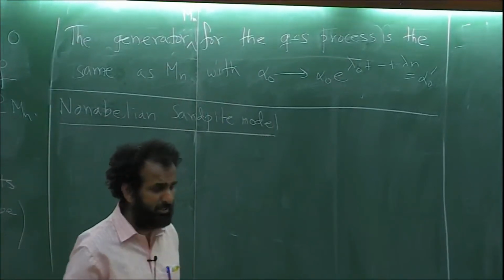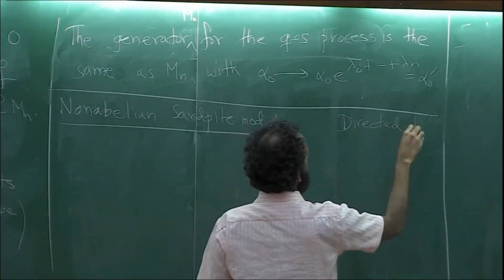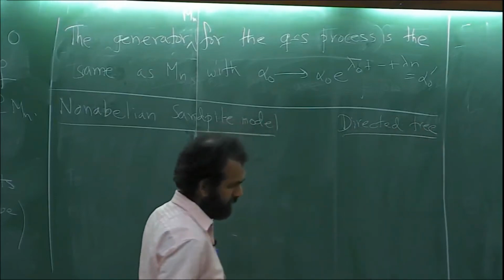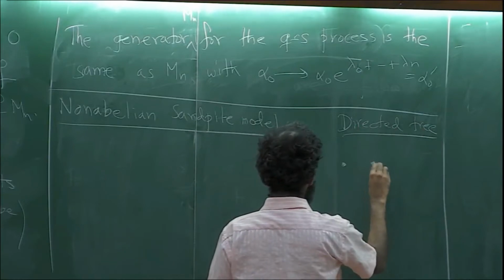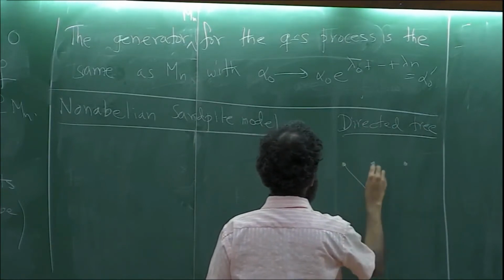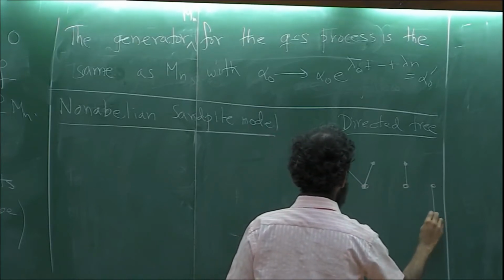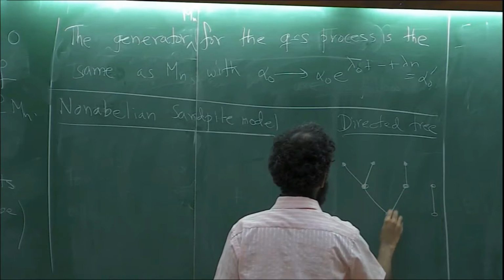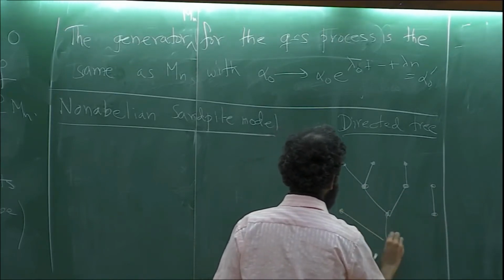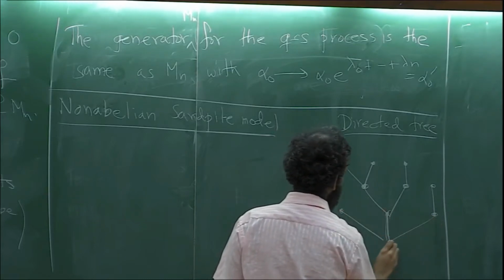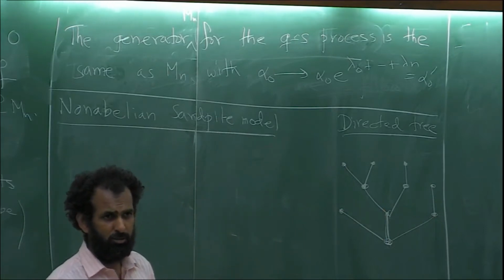So now you consider a tree. You take a directed tree. Let me give you an example. You have a rooted tree. You direct all the edges towards the root.